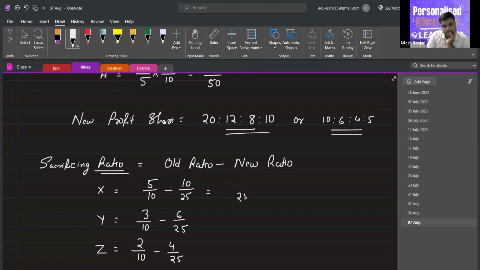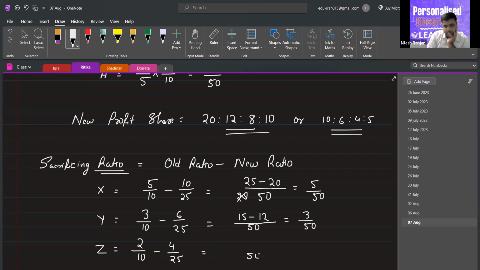So 25, sorry, it is 50. 25 minus 20, so it will be 5 by 50. Then 50, 15 minus 12, 3 by 50.